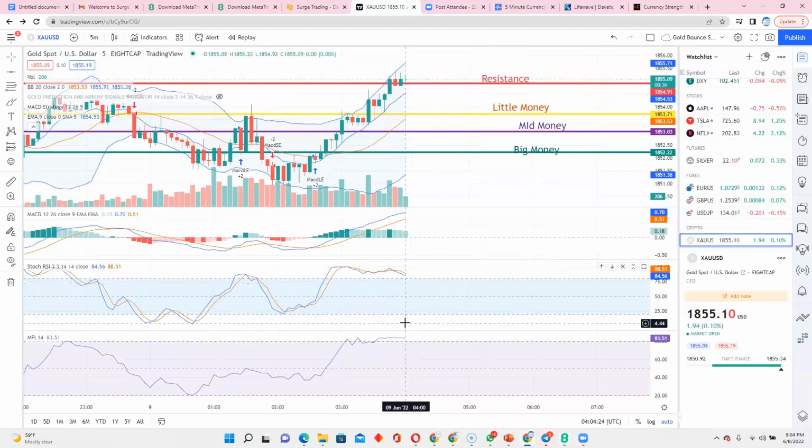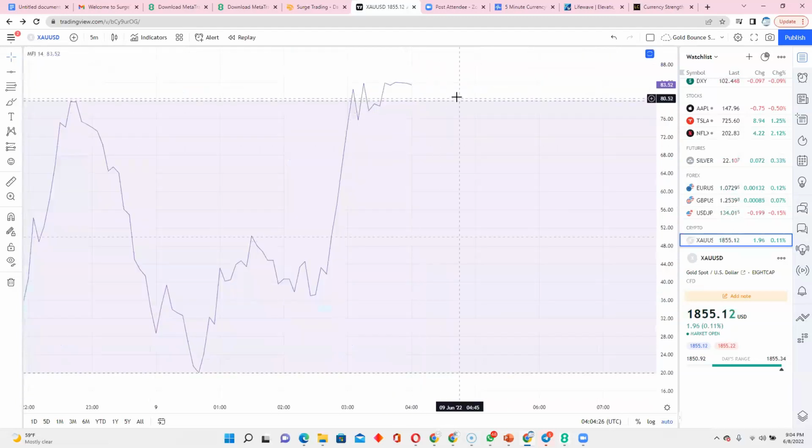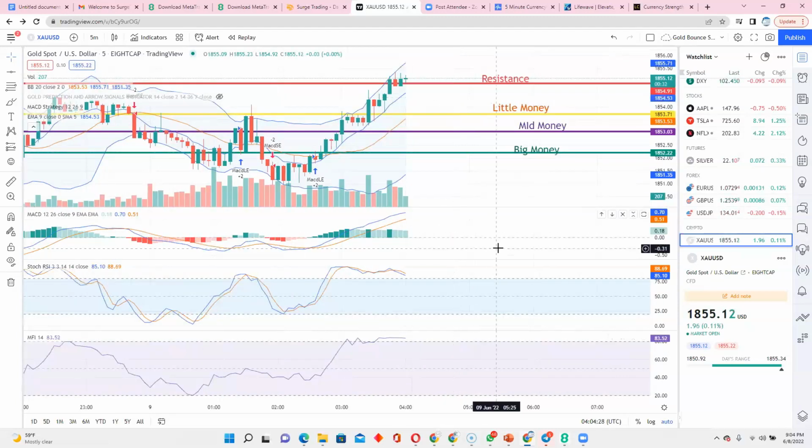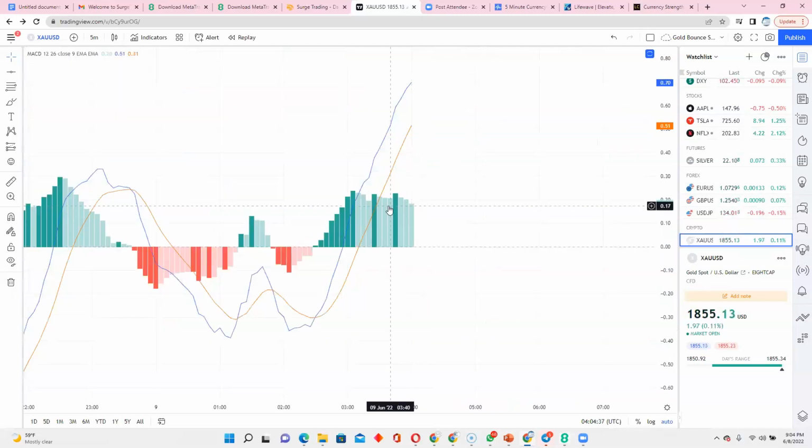The red line's crossed over. Everything is saying this is coming down. It's super overbought on every indicator. The momentum, this is what's kind of the momentum right here, is going down.